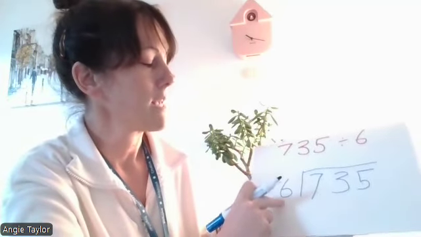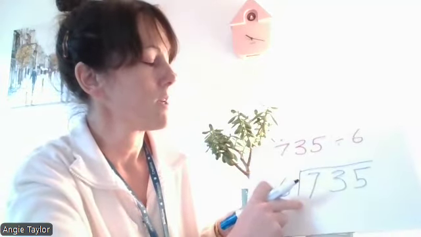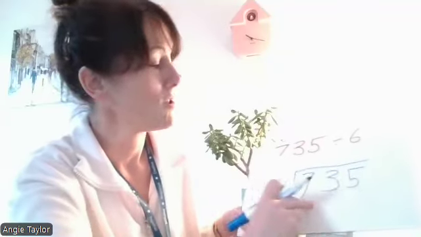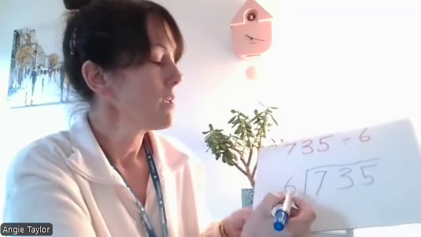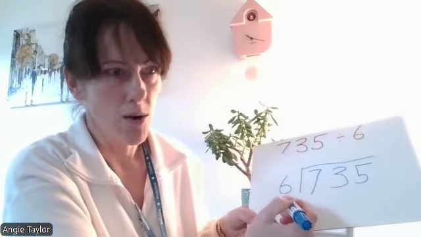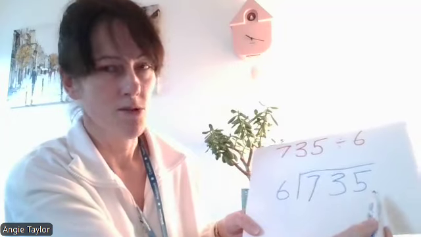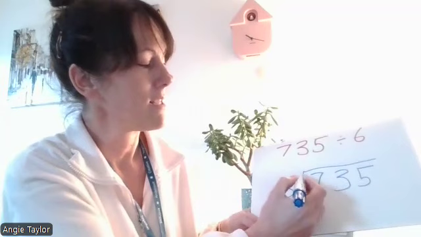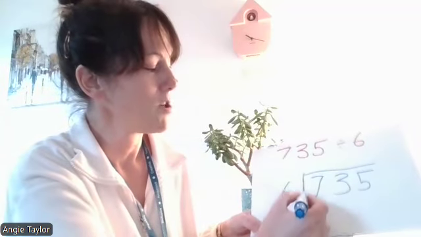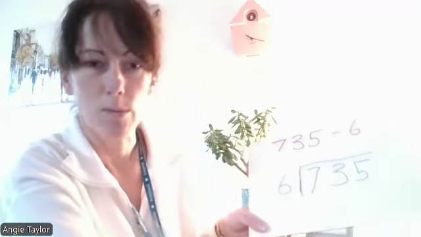We're looking to see how many times 6 will go into 735, or 735 divided by 6. This is the one and only time we are not starting with the units. We're going to start at this end, next to the end of the bus stop. It's the first number on the bus.